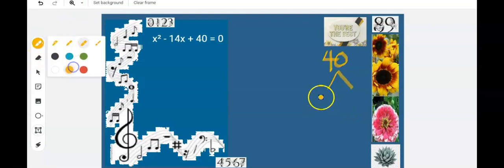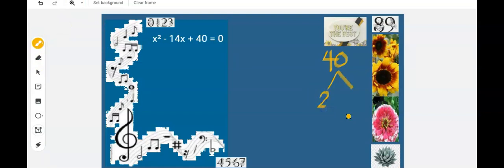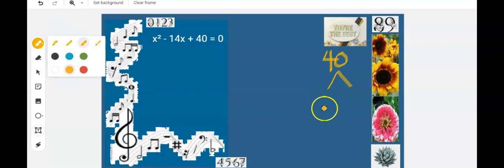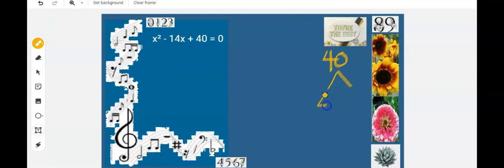Start with 2. What is the partner of 2 to make 40? 2 times 20. When we add 2 and 20, it's 22. So 2 and 20 are not the right factors. Now, is 40 divisible by 3? No. So next after 3 is 4.